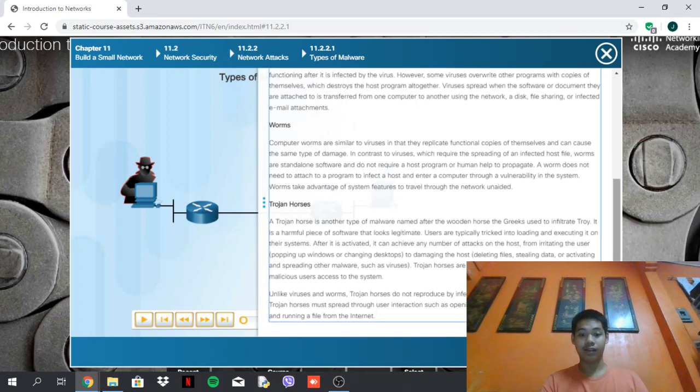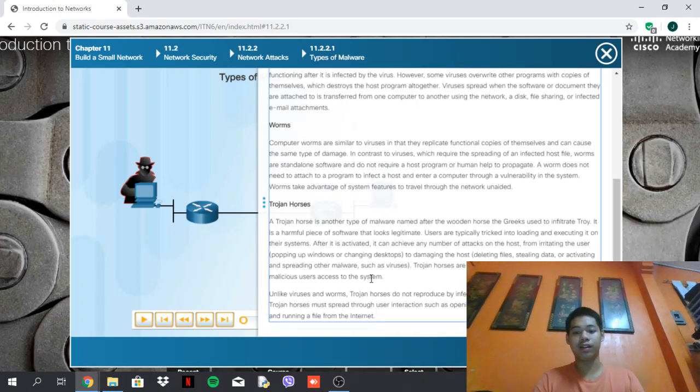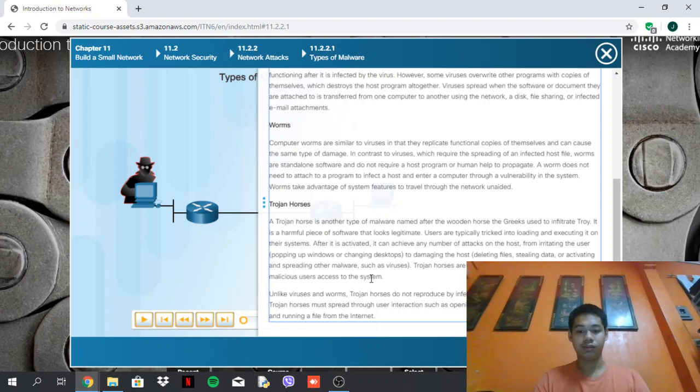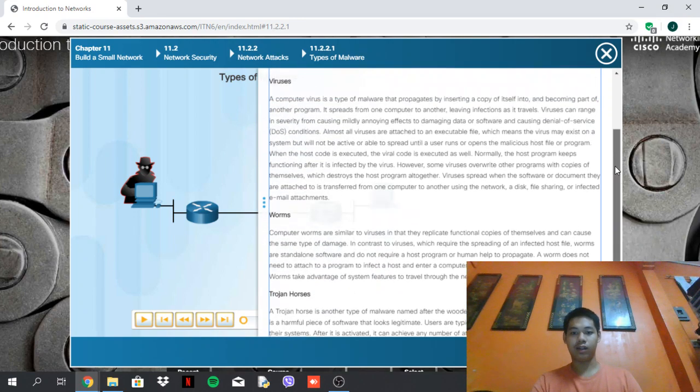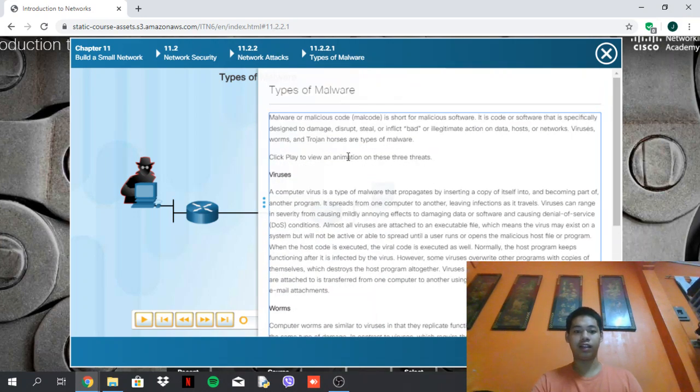So, unlike viruses and worms, Trojan horses do not reproduce by infecting other files, but it is much more dangerous than the other malware like viruses and worms.